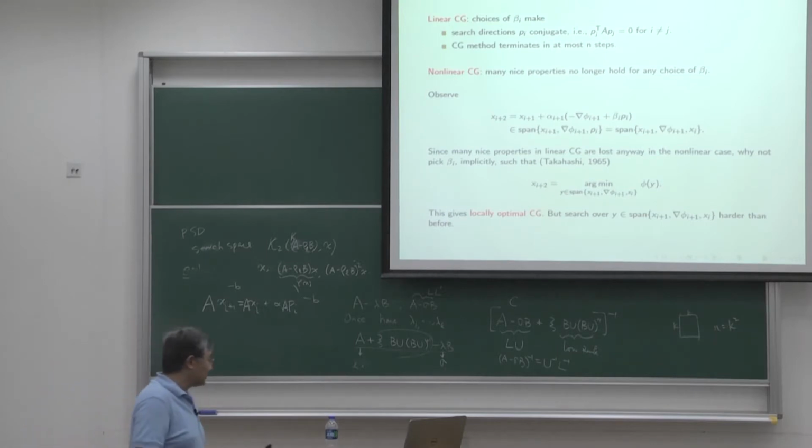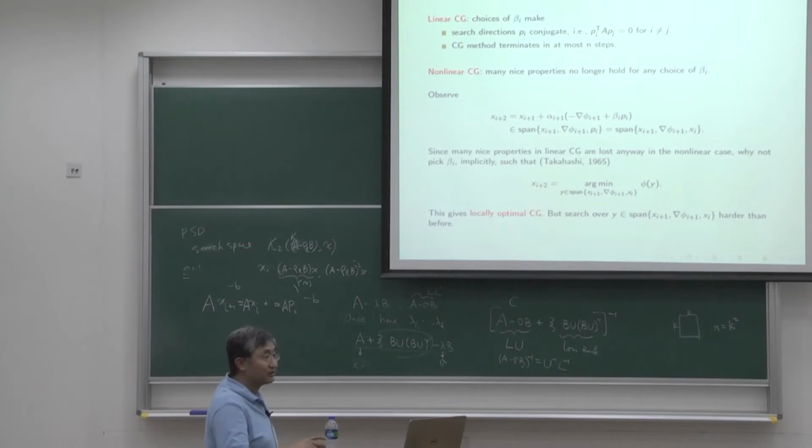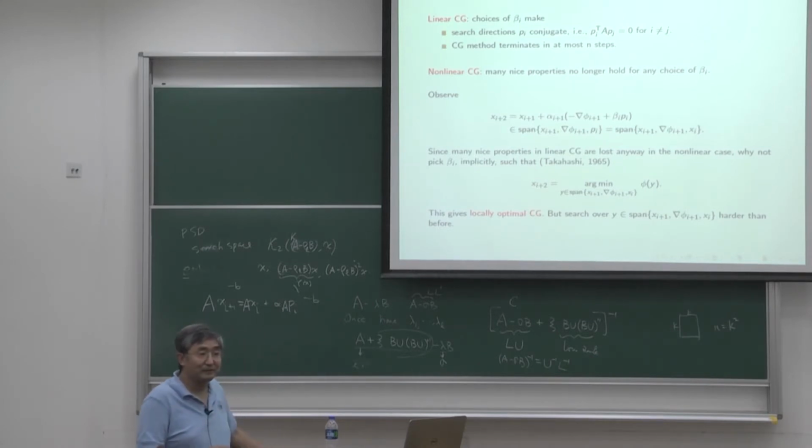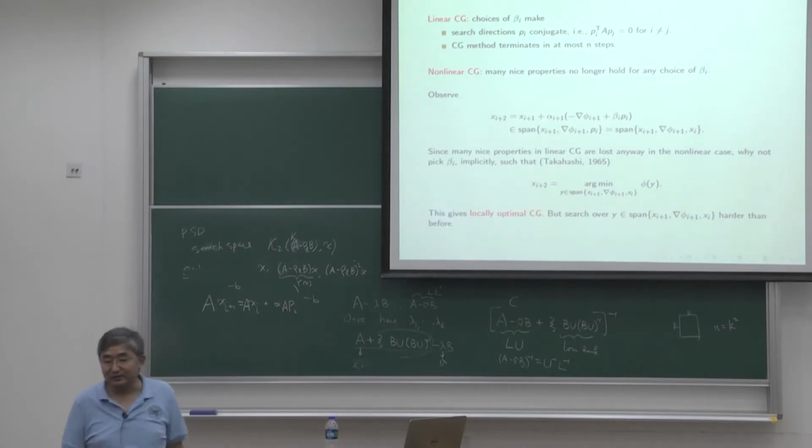In the general optimization problem, even line search can be difficult. If phi is not friendly, the line search can take a while, and you may not even solve it exactly. Not to mention you now have to search for the best possible solution in a bigger space, which is even harder.